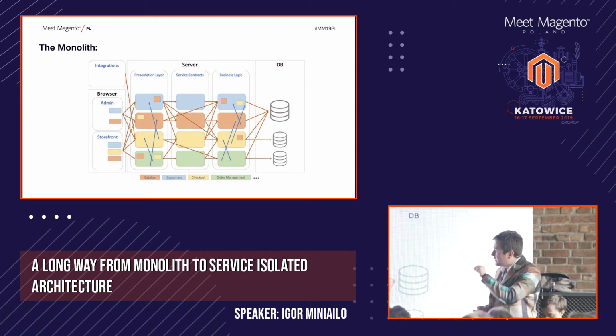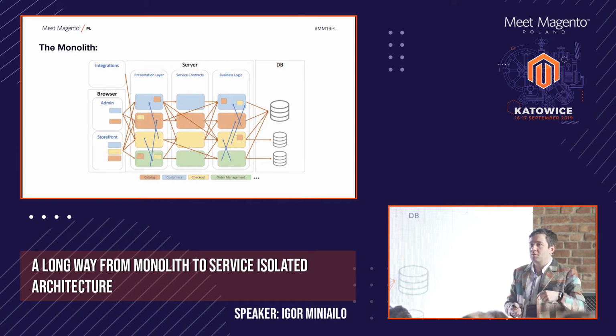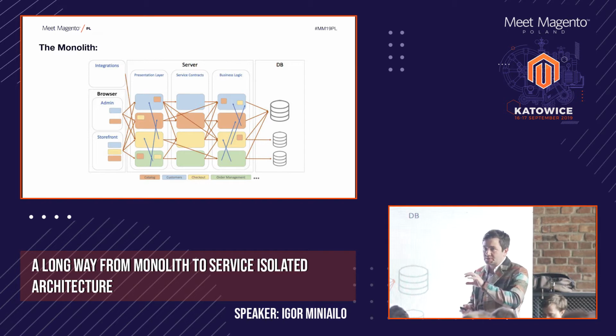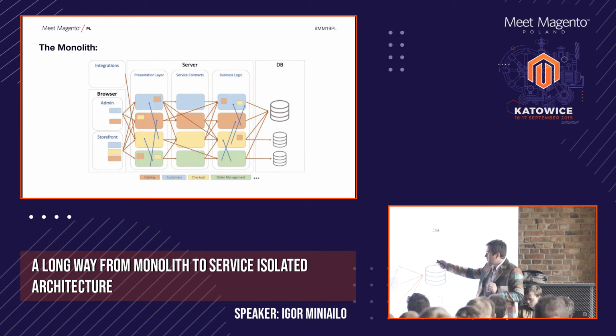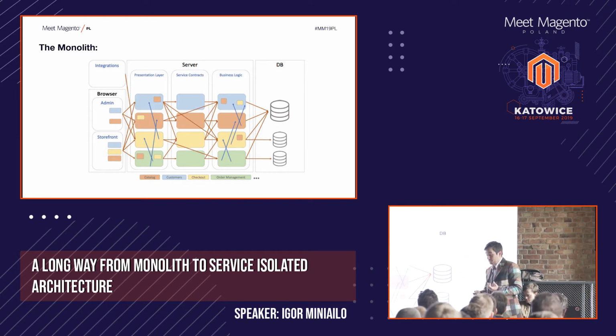But we can't particularly scale the bottleneck. If you know that our bottleneck is, for example, checkout, we can't just scale the checkout service independently from all other services. So the big coupling we have right now prevents us from doing this.